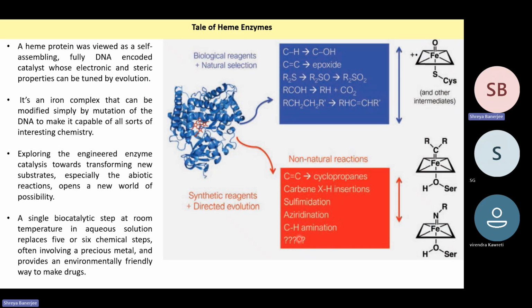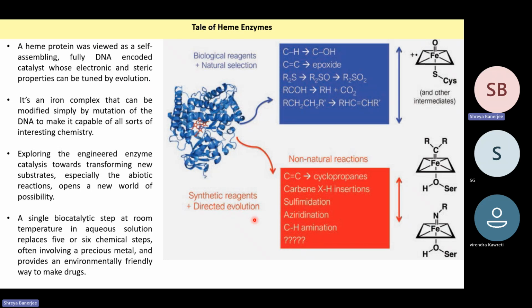So all these are non-natural reactions where C double bond C is converted to cyclopropane, carbene X-H insertion, and so on. All these are non-natural reactions using synthetic reagents, and they can be catalyzed by mutated heme proteins prepared by directed evolution.